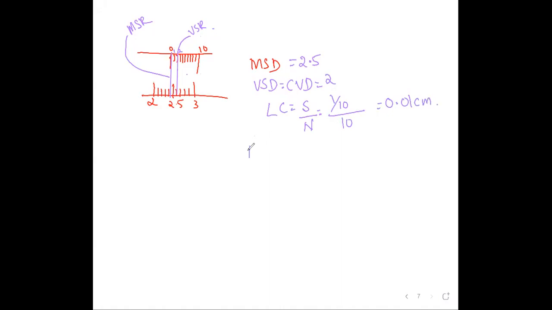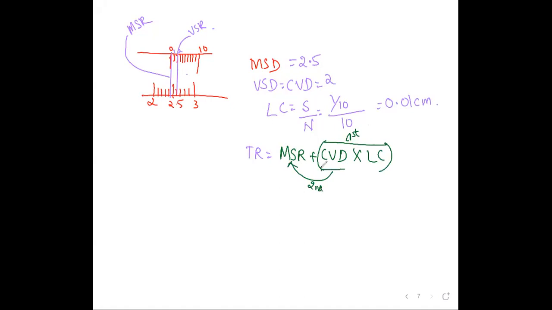Now the total reading is equal to the formula MSR plus CVD into least count. So don't forget to put a bracket here, because we have to finish this calculation first, then add this.